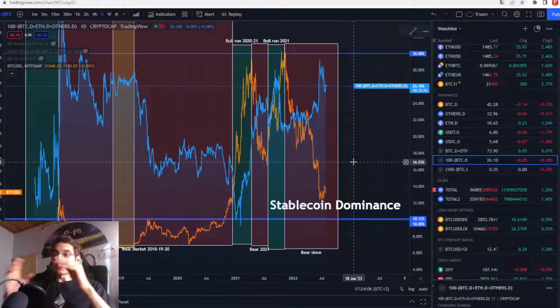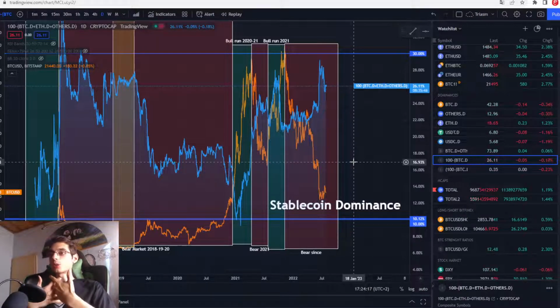And what remains are USDT, USDC, BUSD, TUSD, HUSD, every other dollar pegged asset or stablecoin in the market, and this is the dominance.